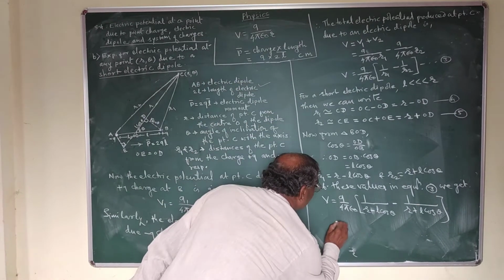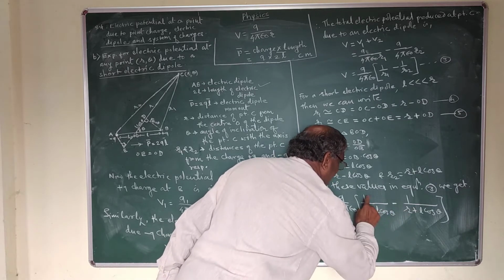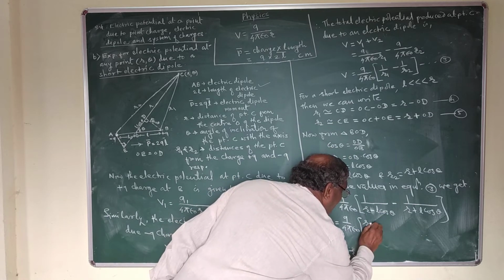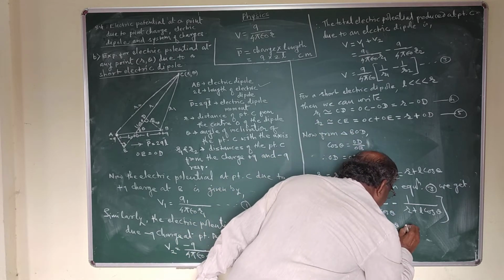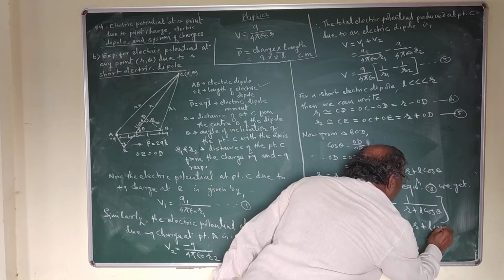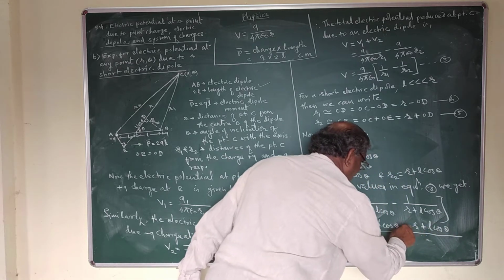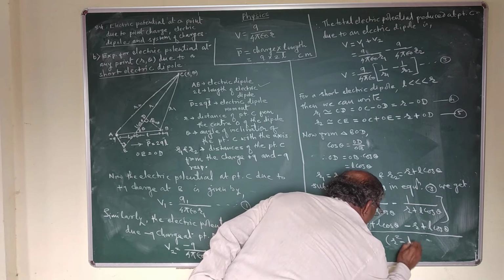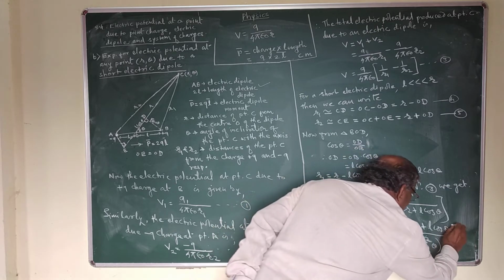Now V is equal to Q upon 4 pi epsilon 0, (R plus L cos theta) minus (R minus L cos theta), upon R square minus L square cos square theta.